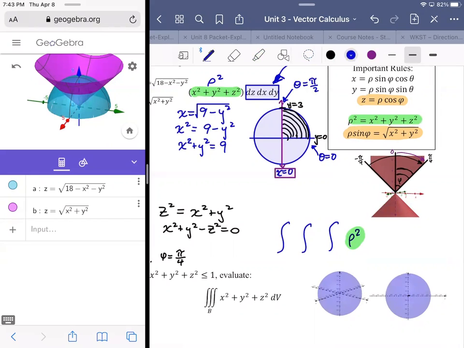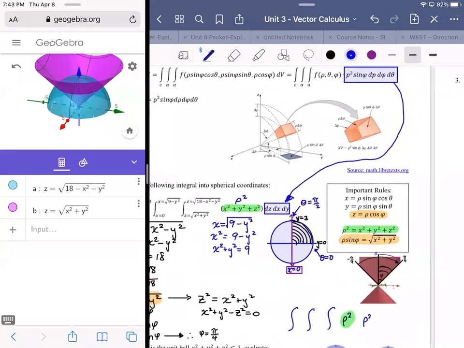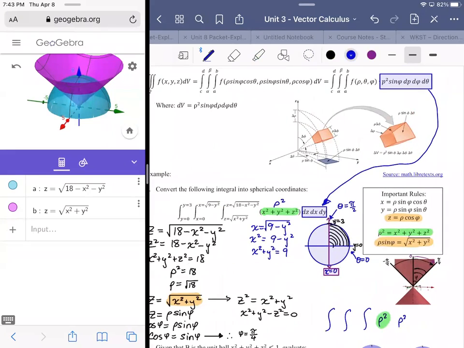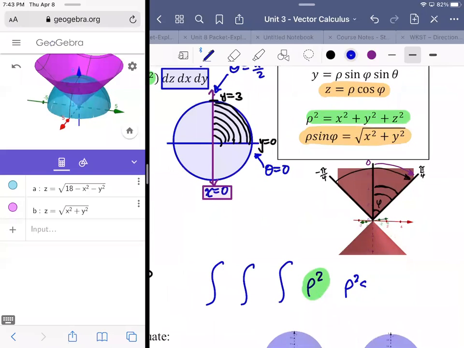Then we have a rho squared sine phi, then d rho d phi d theta. That's the replacement for dx, dy, dz.